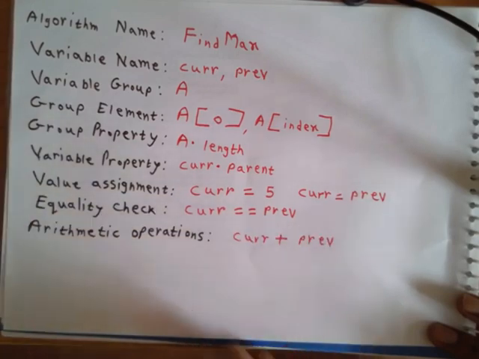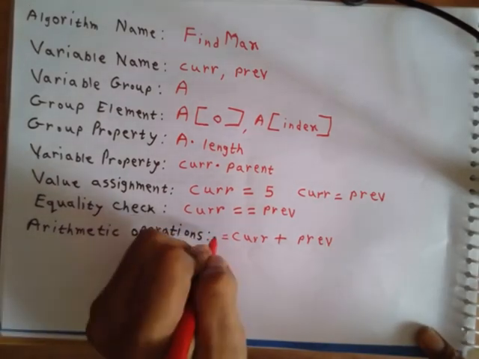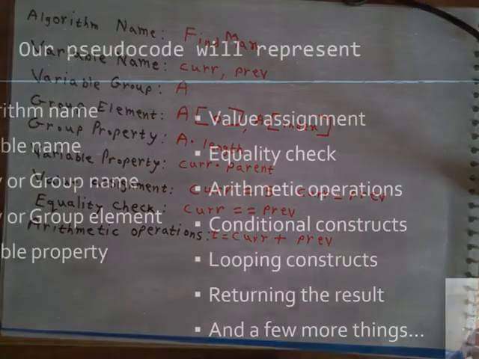That's how it will look. The result of this operation is again going to be a value which I can store anywhere. I can compare it against a value, or I can assign it to another variable. So I can say that a variable t is equal to current plus previous. Those are my arithmetic operations.